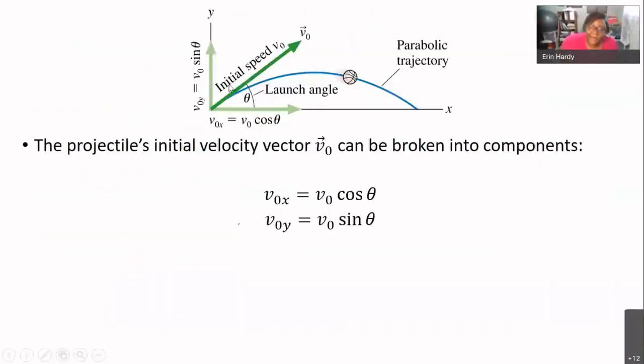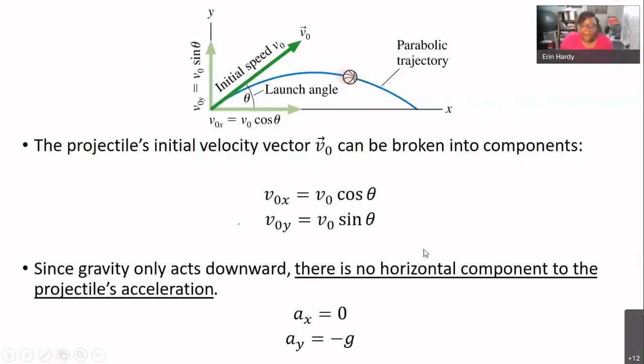Here I have v0 for the x direction. That's going to be v0 cosine theta, again just a consequence of the fact that we chose theta with respect to the x-axis. That means v0y is going to be v0 times the sine of theta.